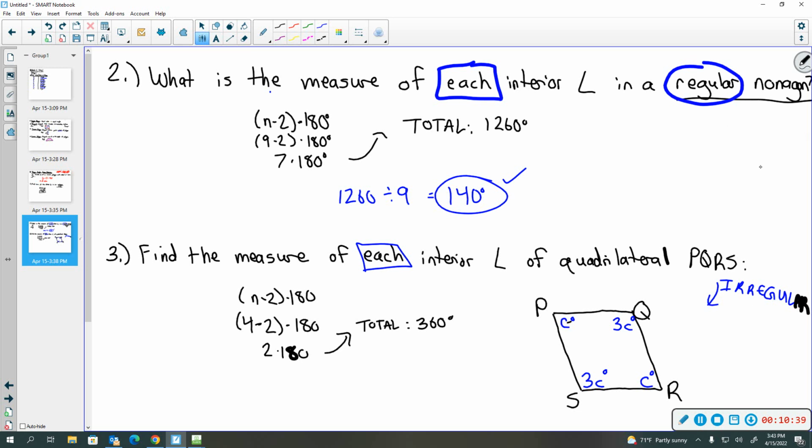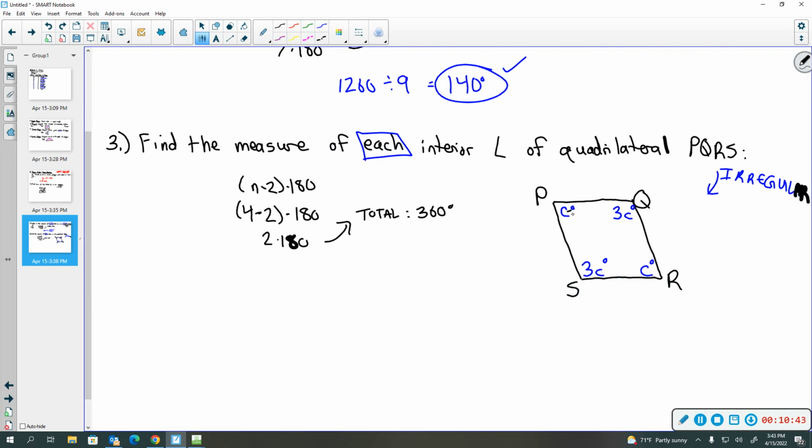Now this time I can't just divide that by 4 because this is irregular. They're not all even. So when it's irregular, what you have to do is to take every angle and add them up to equal this total. So I'm going to say C plus another C, plus 3C, plus 3C.